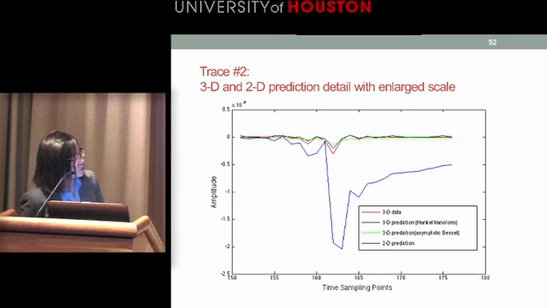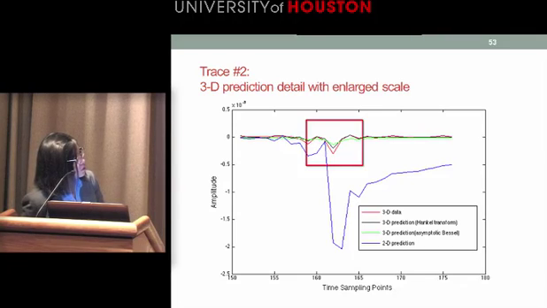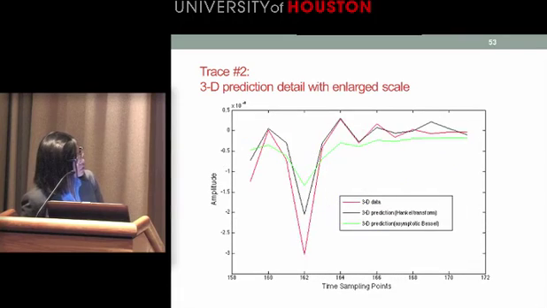And for this near offset, the prediction using the asymptotic Bessel function, you can see the amplitude is even smaller than the Hankel transform one. Okay, let's enlarge this 3D prediction part. You can see the difference here, and the shape of this event is a spike. We use the full bandwidth data.